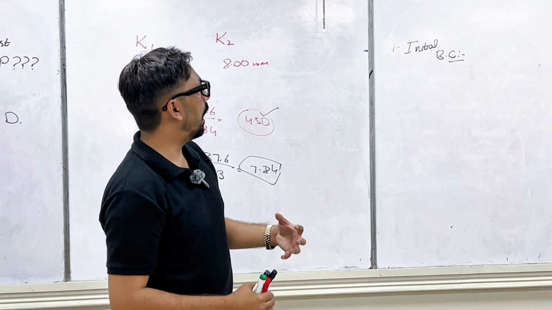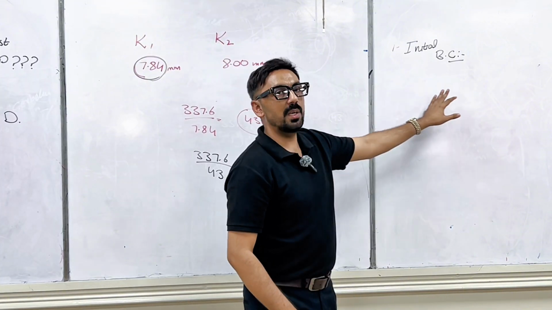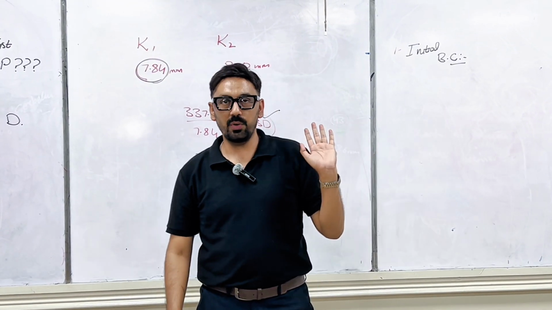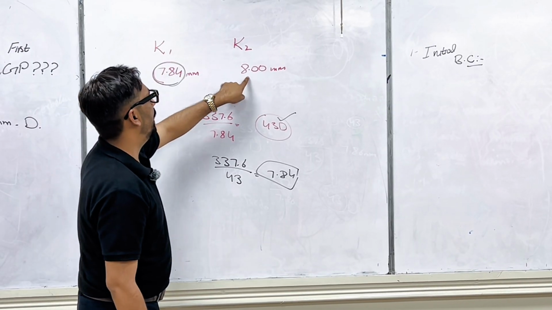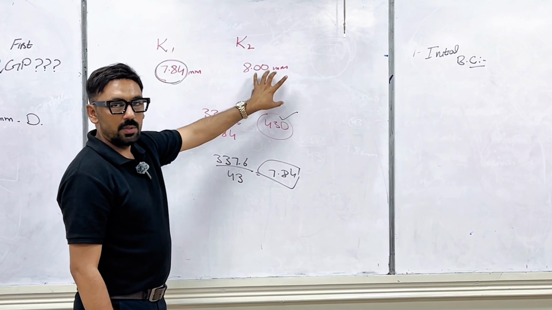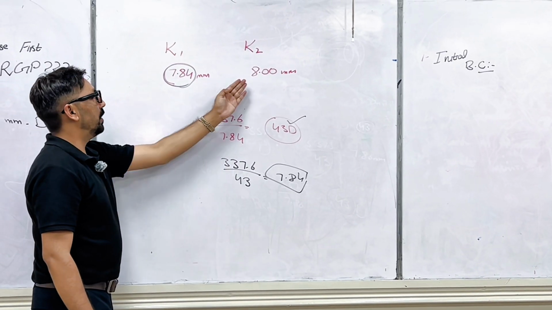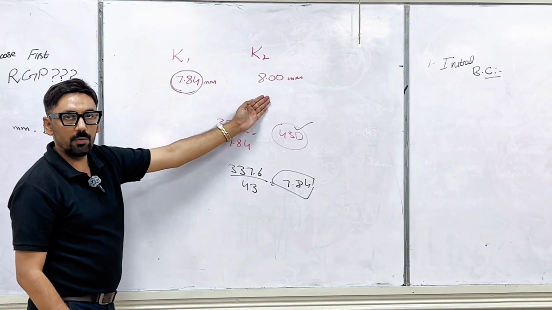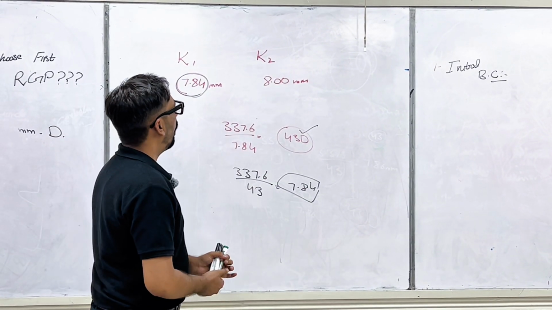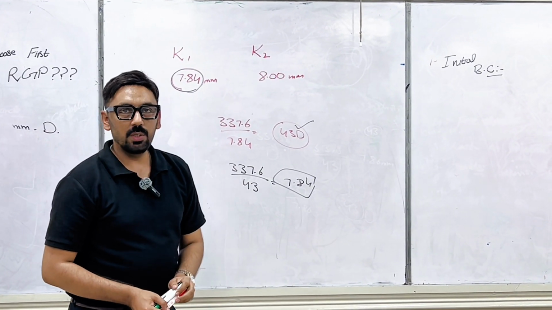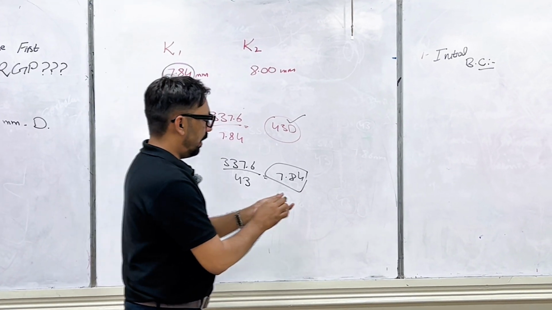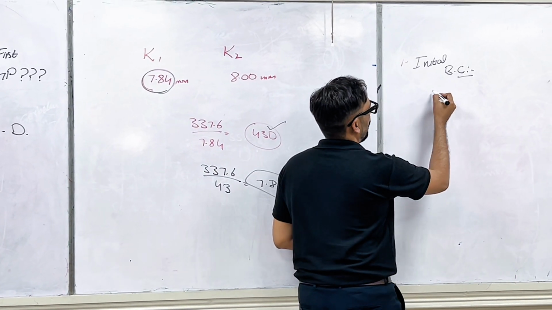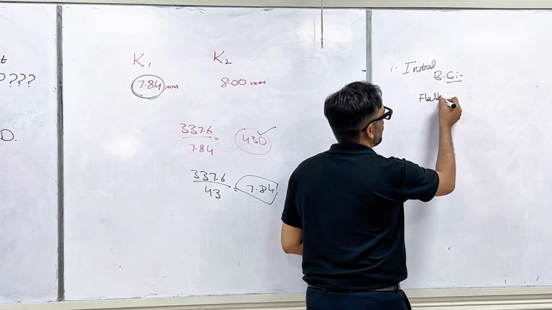How can I find the initial base curve with the help of the keratometric readings? For example, if I have K1 7.84 and K2 8.00, these are my patient's K1 and K2 readings of the central cornea. To find my initial base curve, I will choose the flattest one.